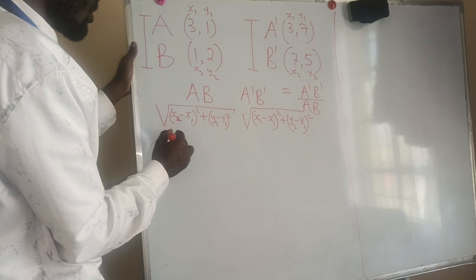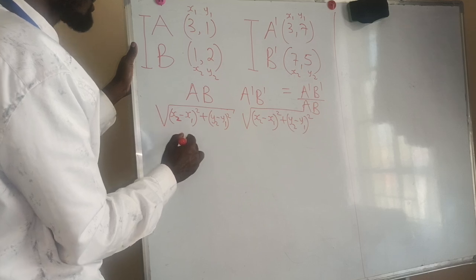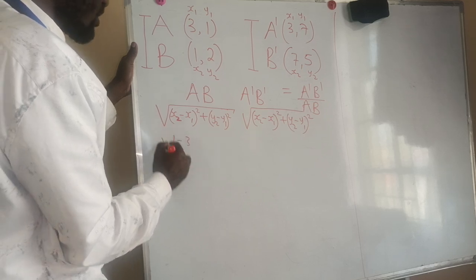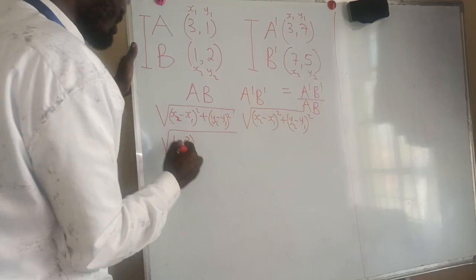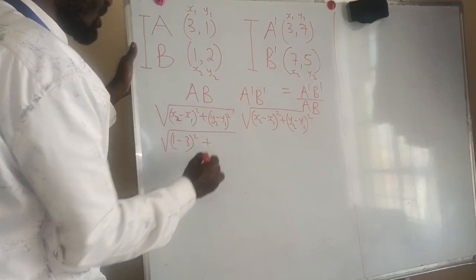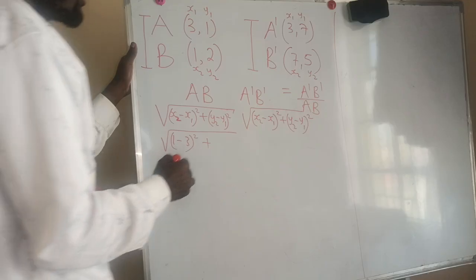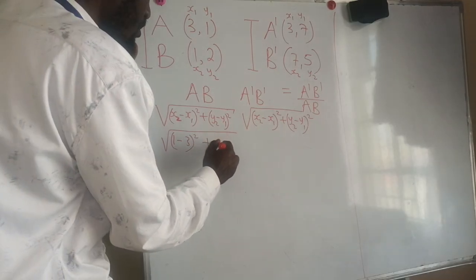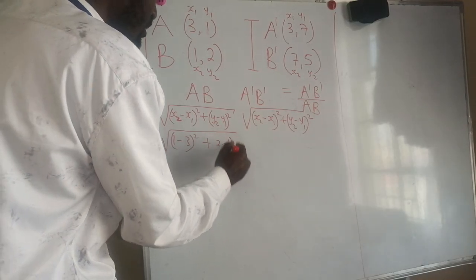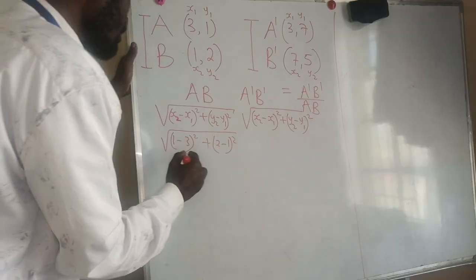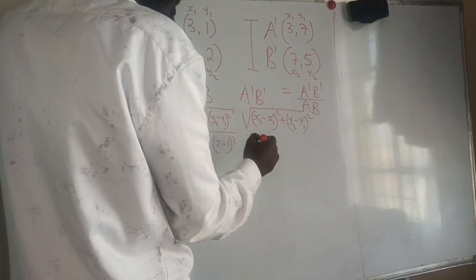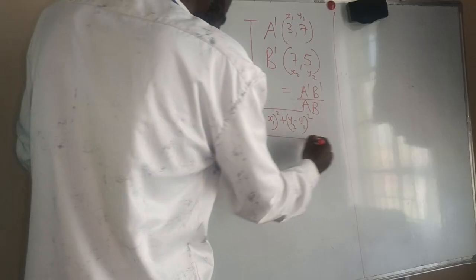So let's start from here. x2, that is 1, minus x1, 3. So you know we are supposed to get the square root. This is squared. Then plus y2, that is 2, minus y1, that is 1. This is also squared. And on this other hand, we have the square root of as well.